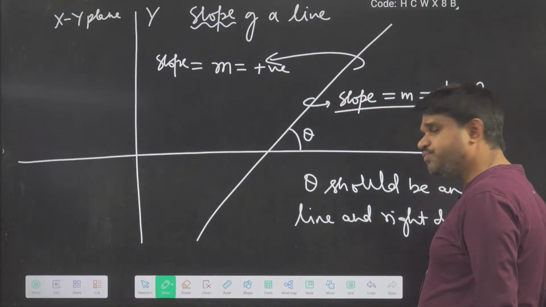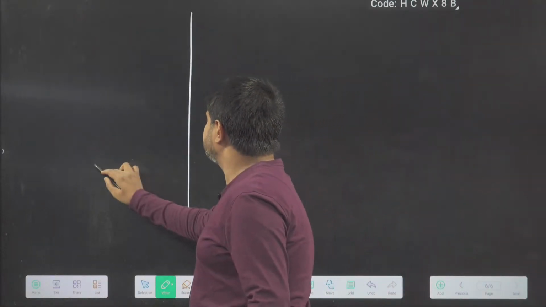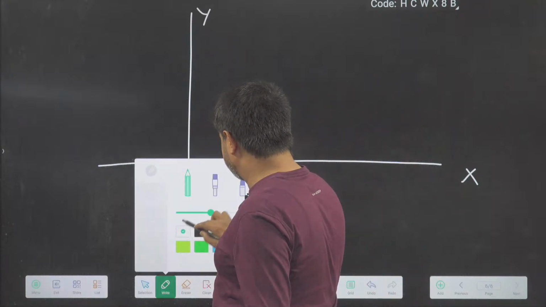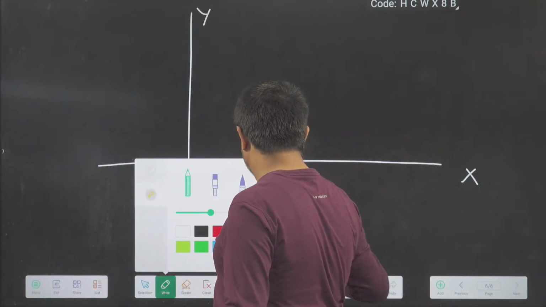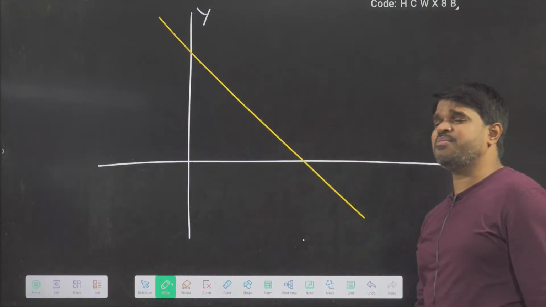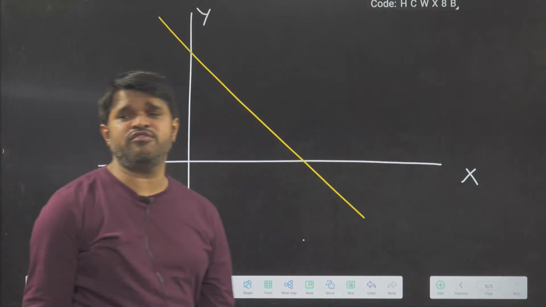Okay, now see, x, y. This is my line. Is the slope positive or negative?